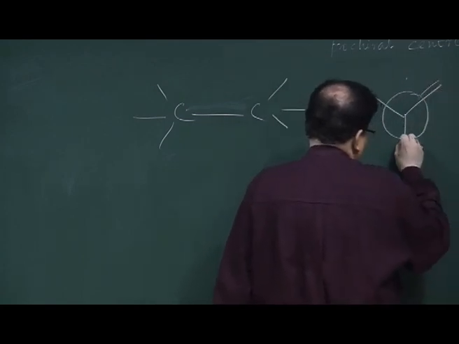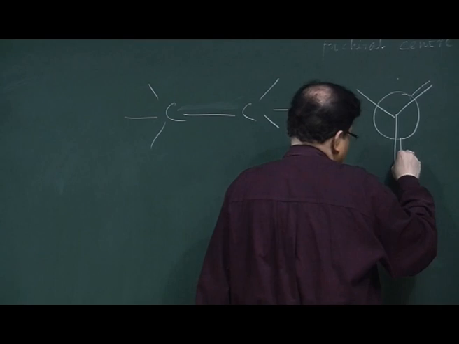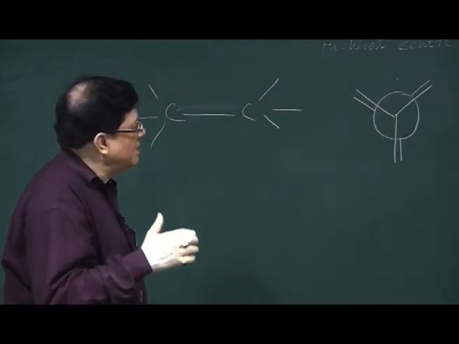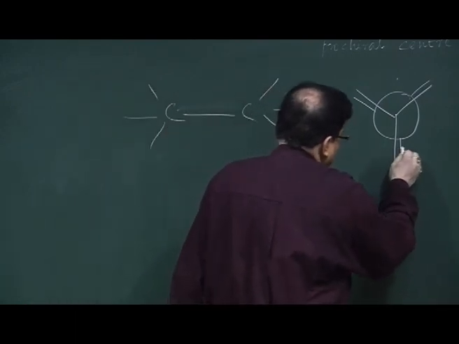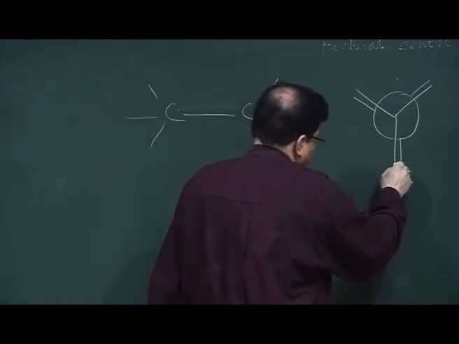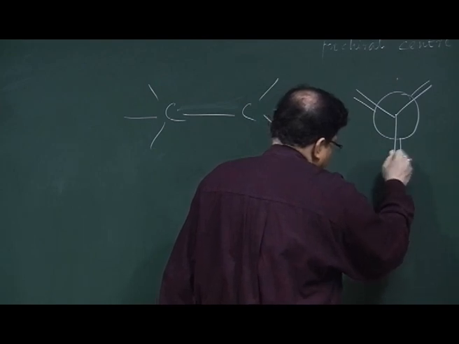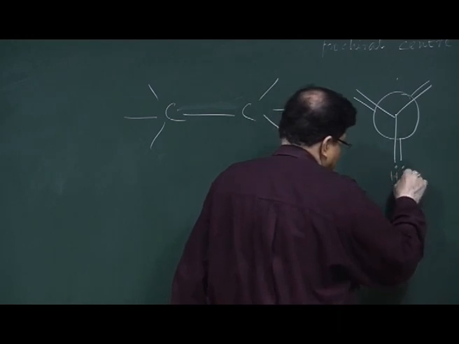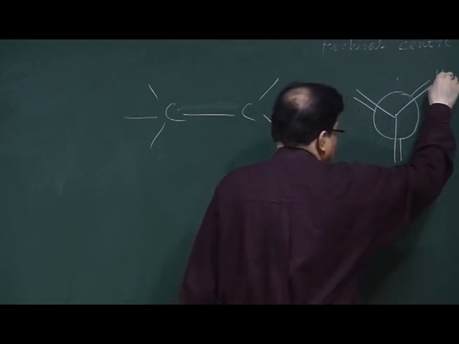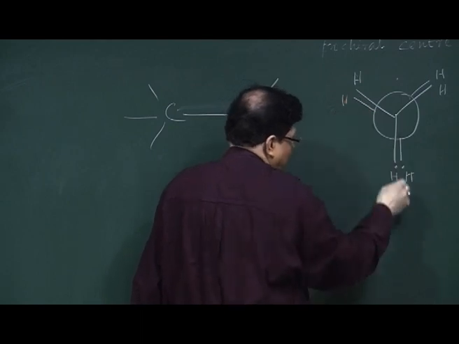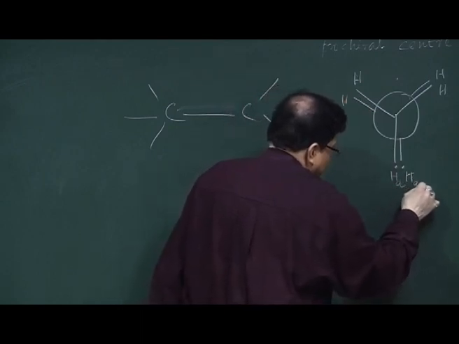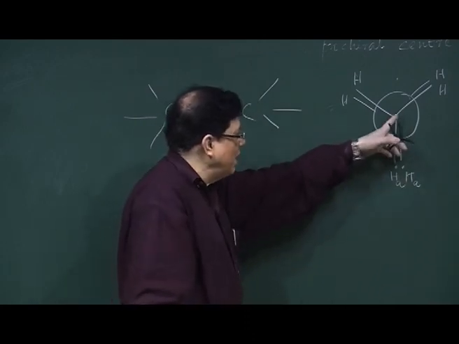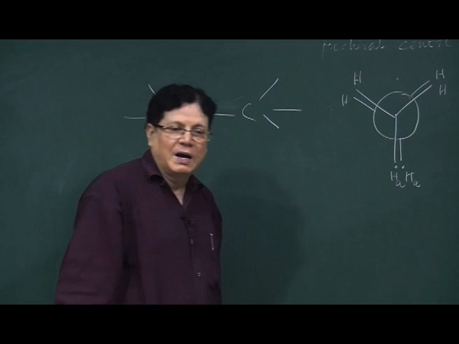In one case the molecule will look like this, that means the dihedral angle here is 0. Suppose these are hydrogens, actually all are hydrogens in ethane, but we have to fix somehow, we call this HA and HA. So, we are talking about the dihedral angle between C1 HA and C2 HA.